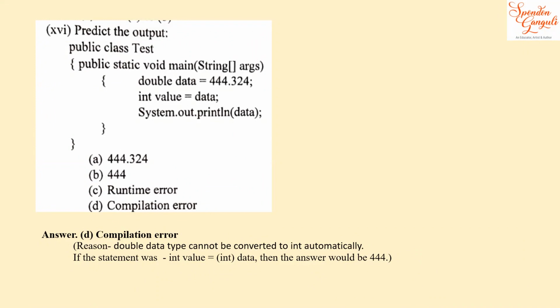If the statement was int value equals within bracket int data, then the answer would be 444, because that makes an explicit forceful conversion. The 444.342 double data will forcefully convert to int, resulting in 444, which is then printed.